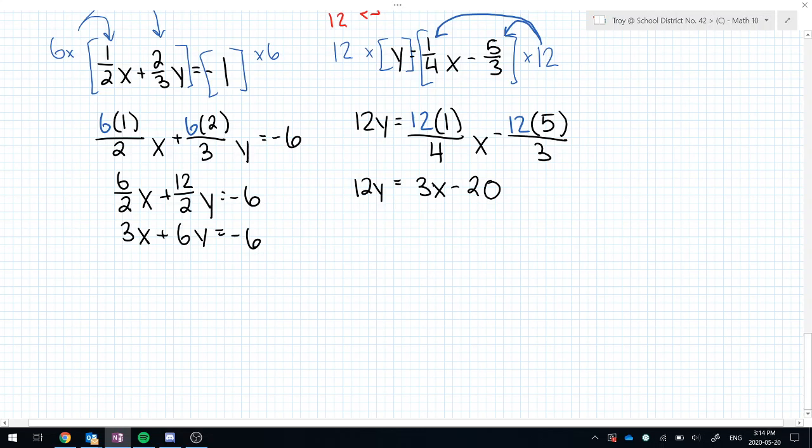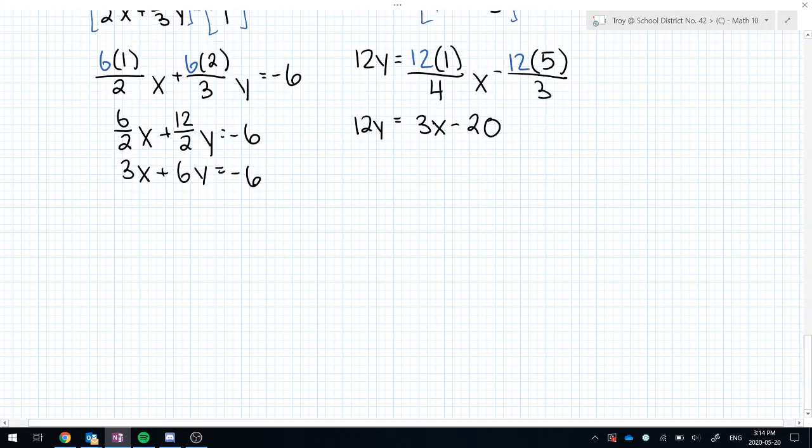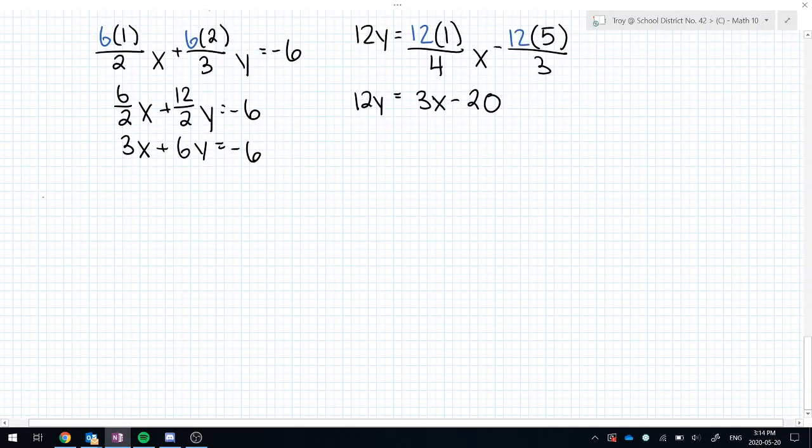So now we have a new system. Instead of all that crazy system with all those fractions, we have our new system that's just 3x plus 6y equals negative 6, and 12y equals 3x minus 20.